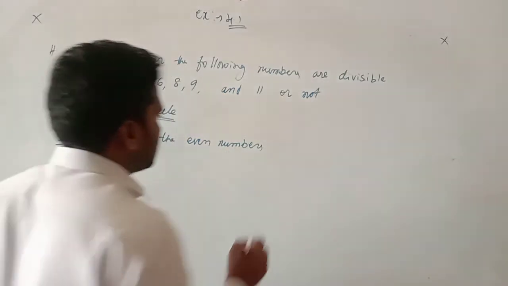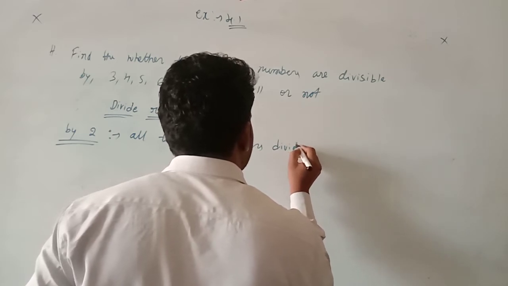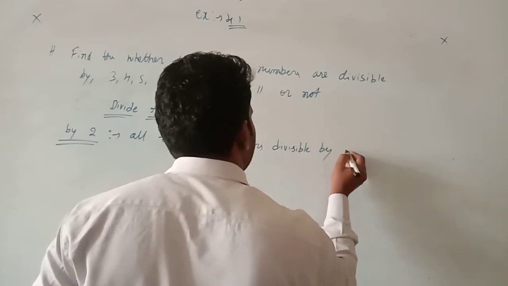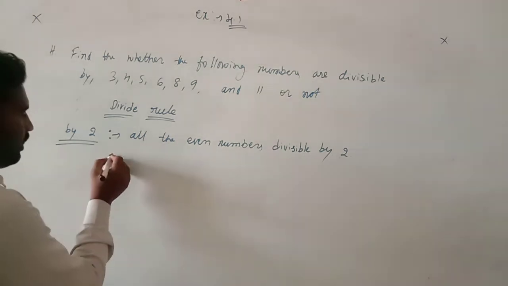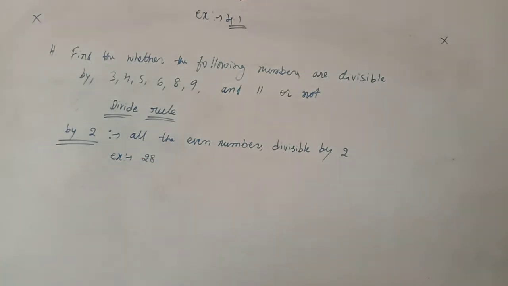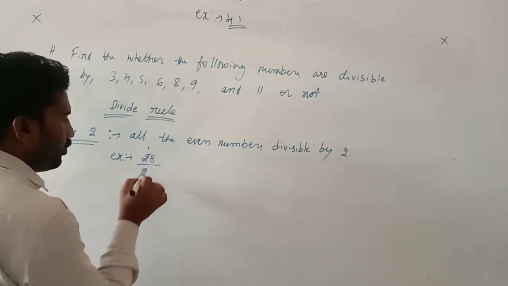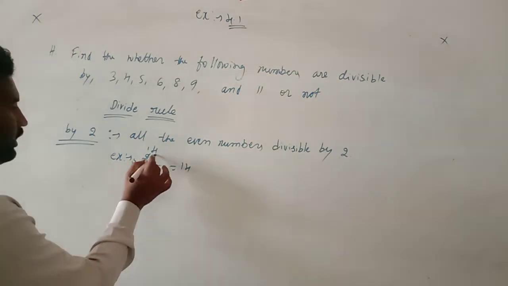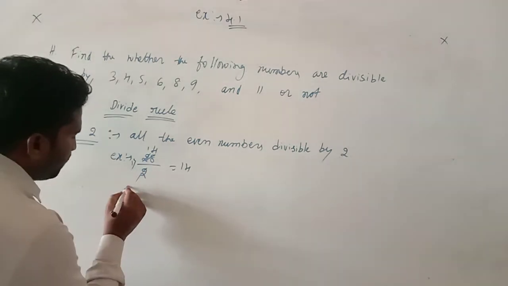All the even numbers are divisible by 2. For example, 28 is an even number. Is it divisible by 2 or not? 2 ones are 2, 2 fours are 8. So 28 is even and it is divisible by 2.